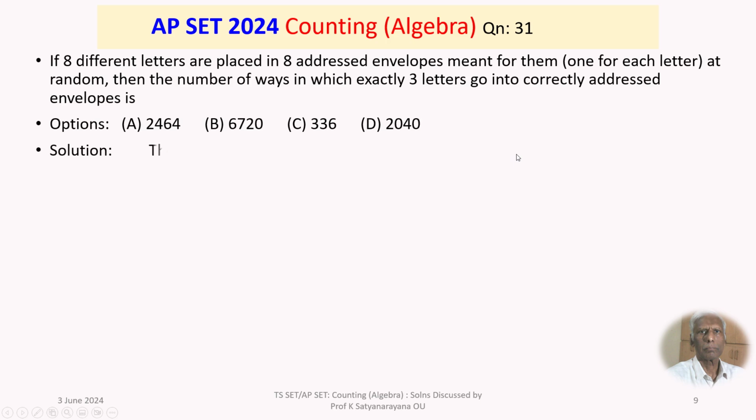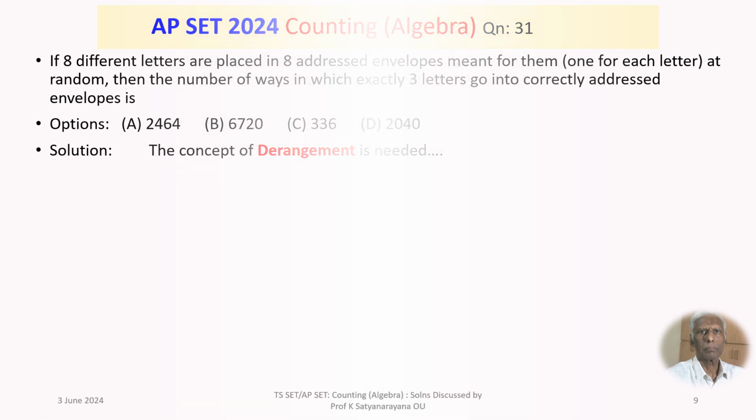If you want a solution for that, you need the concept of a derangement, which I have already told you, and you need the knowledge of derangement to solve this one. So I will explain to you briefly what a derangement is.